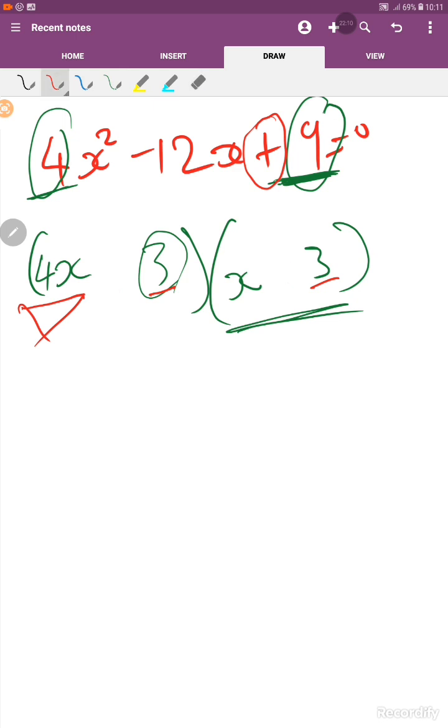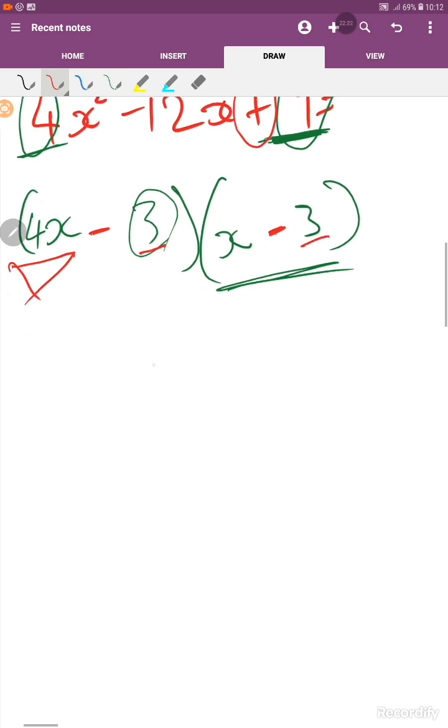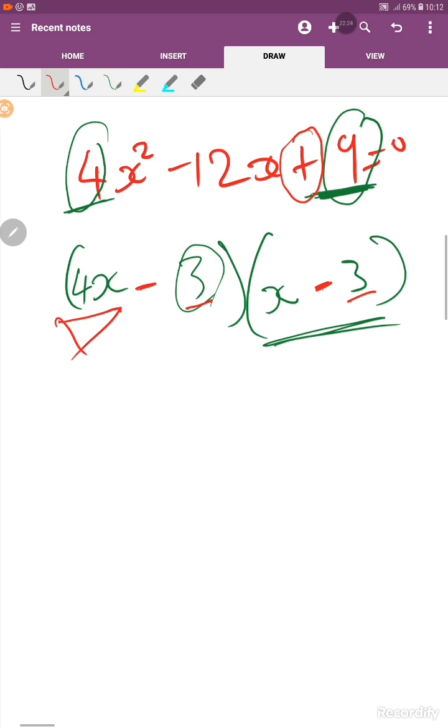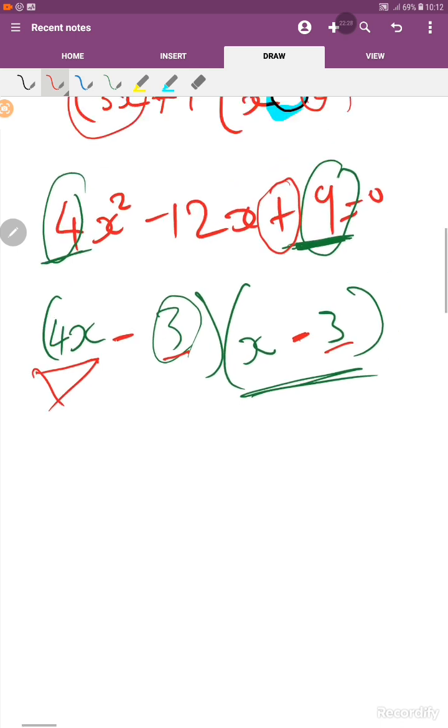Remember that when you multiply negative by negative it is positive, but when you multiply negative by positive it is negative, right? Meaning that the answer of our equation is going to be both negative. Why am I saying that?